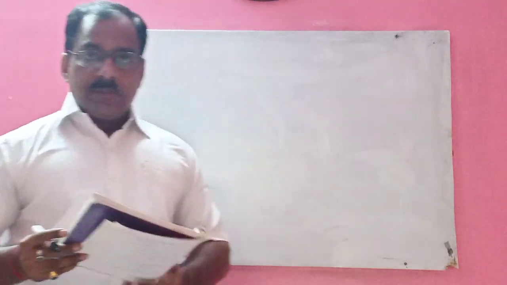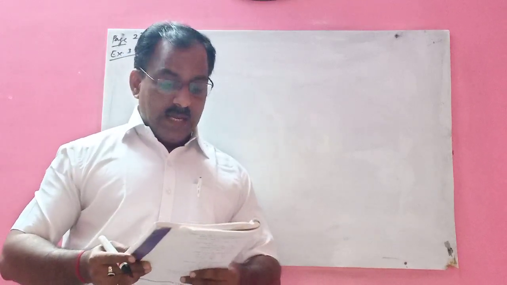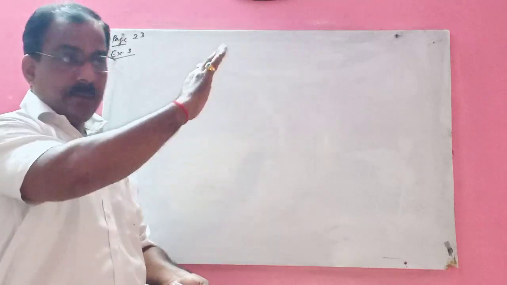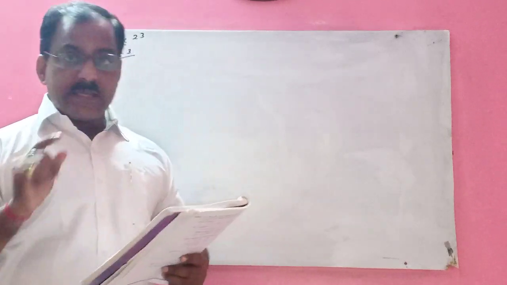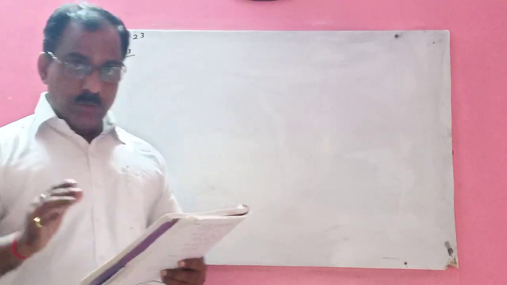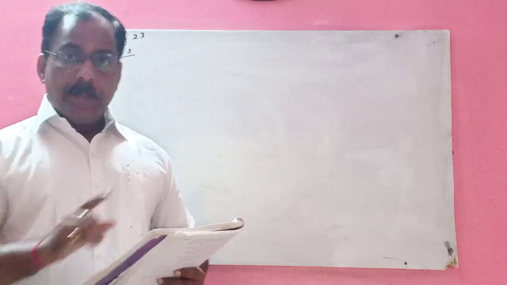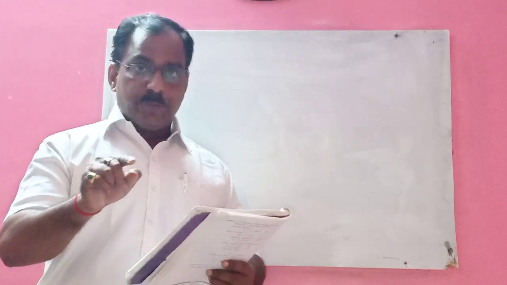A boat travels 16 km upstream and 24 km downstream. Upstream and downstream. Okay. In 6 hours the boat covers 16 km upstream and 24 kilometers downstream.